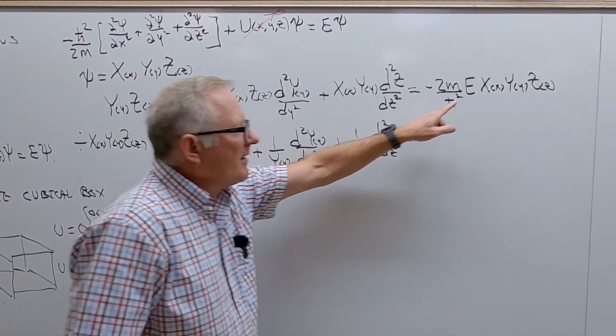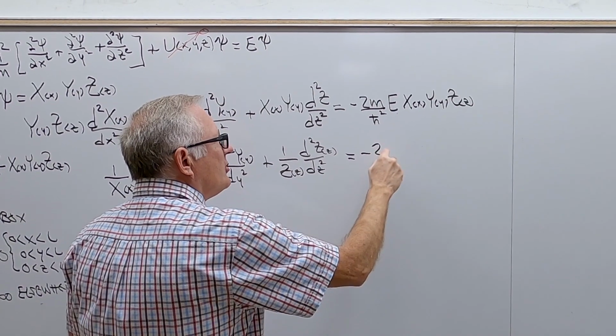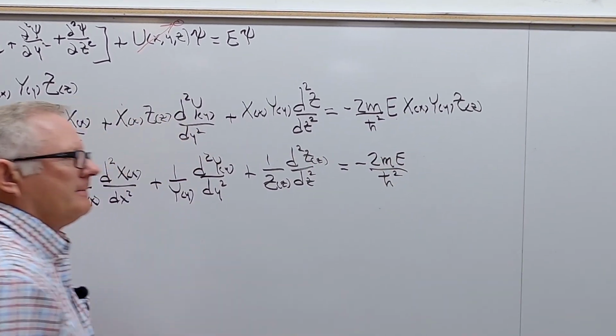And over here, all of this is gone since we're dividing that all out. So that's just minus 2m e over h bar squared.